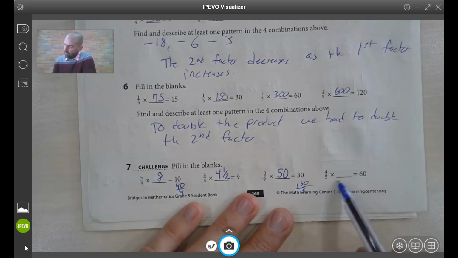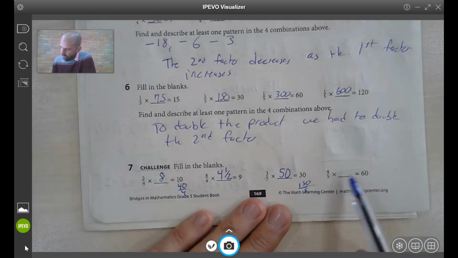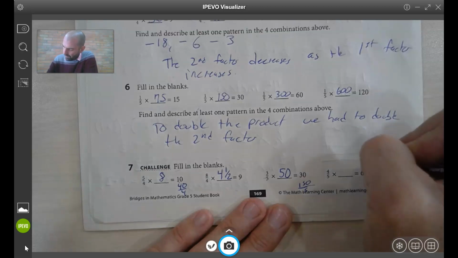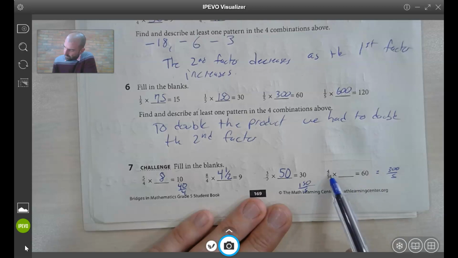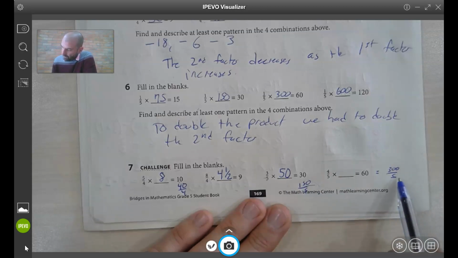Cool. 4/5 of something is 60. Well, I know 1/5 of 60 is 12. Does that help me? No, that doesn't help me. So I'm going to think about this again. 60 is 300 fifths. That's double, but this 3/5 one, that's not going to help. 300 over 5. So 4.